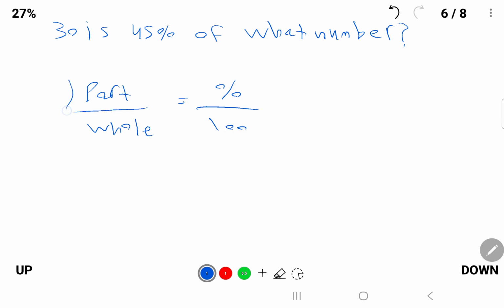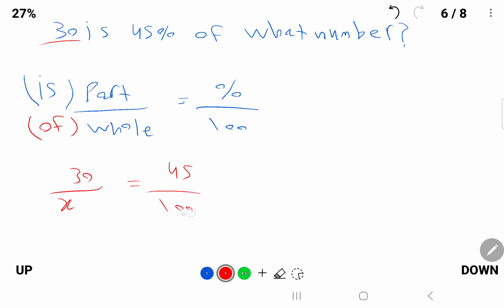Now part is the number associated with the word "is," and whole is the number associated with the word "of." So part is 30 and whole is x, we need to find it. Percent is 45 over 100.